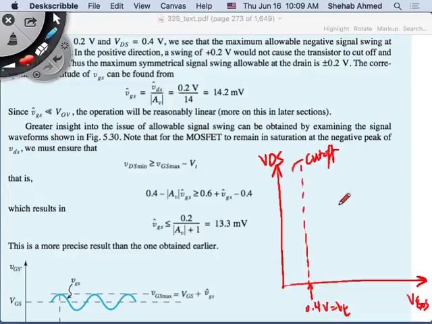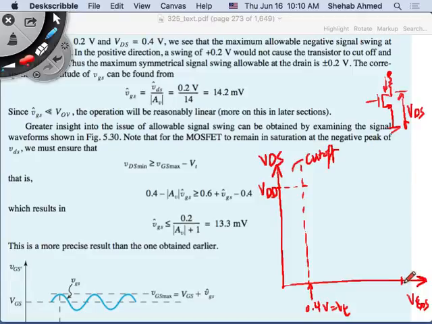Also, I know the maximum value of VDS. Remember, my circuit looks like this. This is my circuit, this is VDS. If I'm in cutoff, the maximum is VDD, exactly. How about the maximum value of VGS?